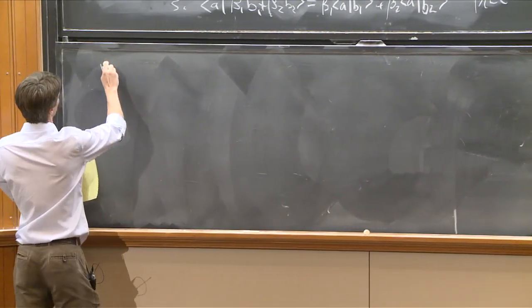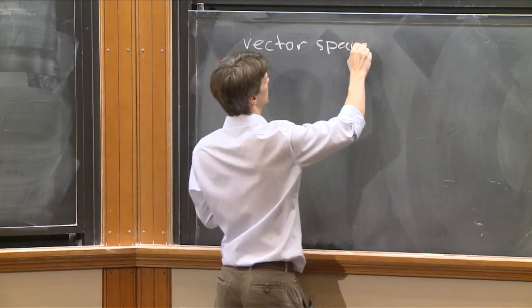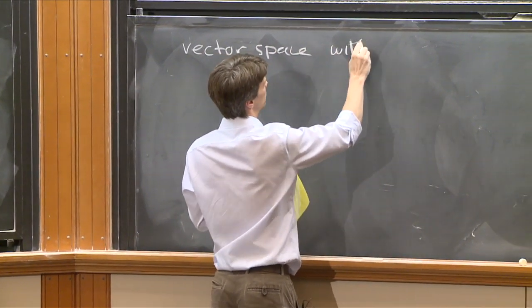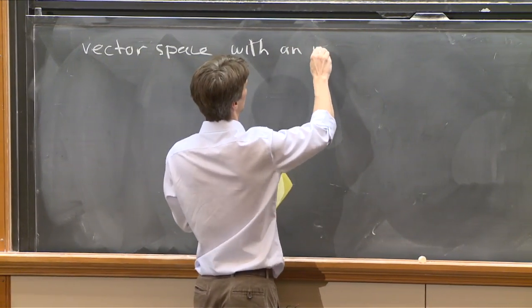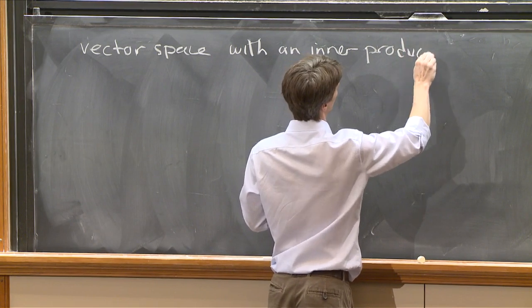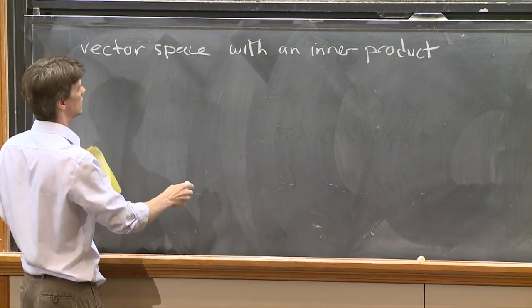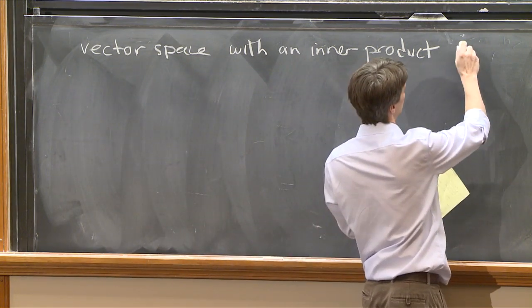A vector space with an inner product, we call a Hilbert space.